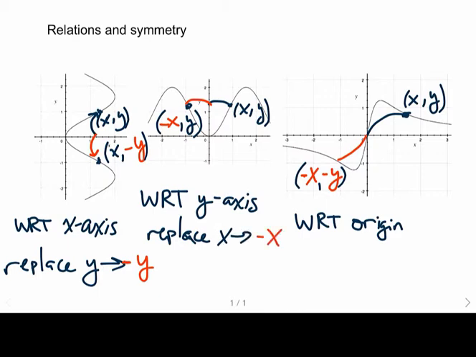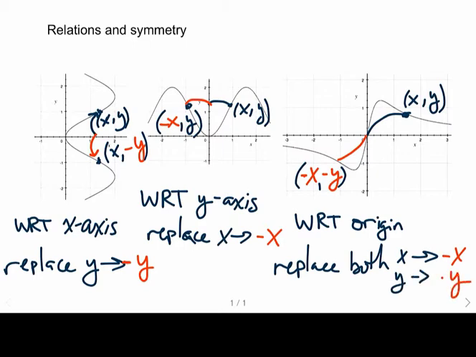And finally, to test an equation for symmetry with respect to the origin, we would replace both x by -x and y by -y. In all cases, if we end up with the equation that we started with after simplifying, then that indicates that the graph does contain that kind of symmetry.